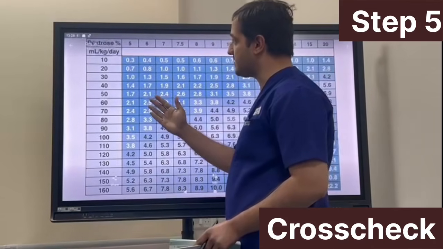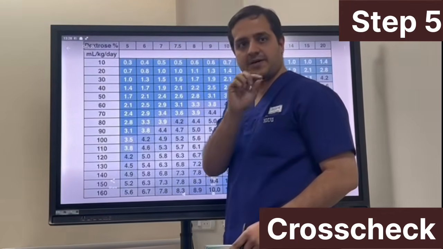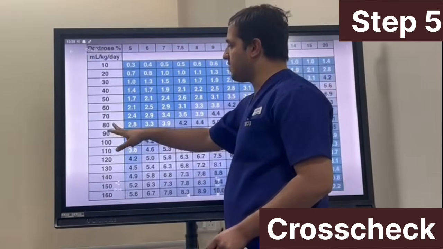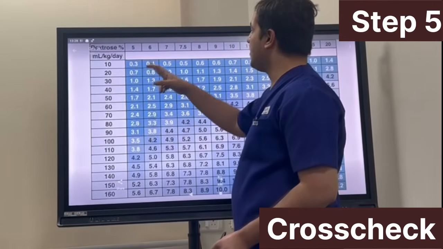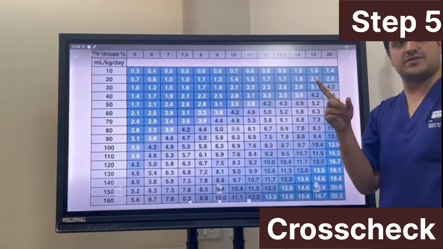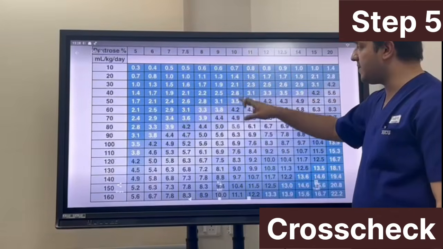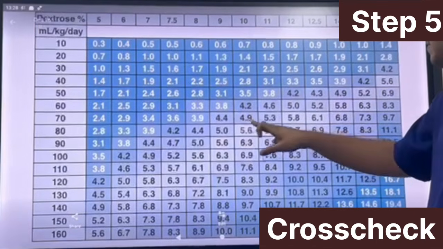So in your last example हमने क्या देखा था, लगभग 79 ml per kg हो रहा था, सब एंटीबायोटिक्स वगैरह माइनस करके. So 80 ml per kg है ना. And how much percentage of dextrose, आपने वो फॉर्मूला सब लगाया, उसमें कितना आ रहा था डेक्सट्रोज 10.9, मतलब somewhere around 11. ठीक है. तो 11 और 80 कहाँ पे मिक्स हो रहा है, 5.6.